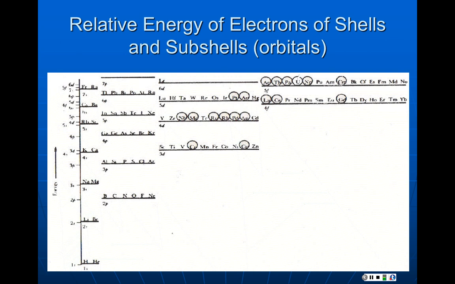Now, we already said the different shells have different energy levels, and within those shells, the orbitals also have different energy levels. And this is a very nice graphic that shows you the relative energy levels. So for, say, hydrogen, which would be your simplest atom, has only 1 electron. That electron is in a 1 shell s orbital, and the energy is very negative, is the way this is usually discussed.